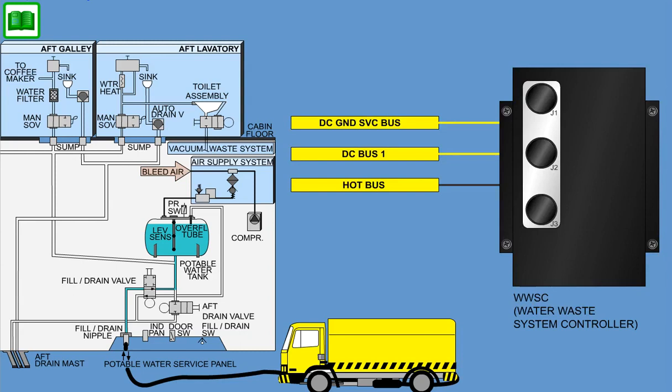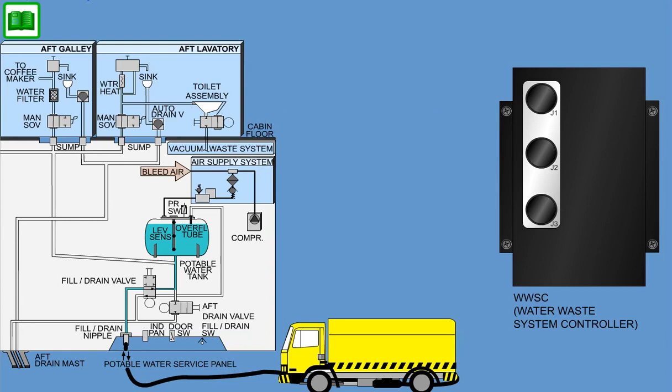If power from the normal power sources, DC ground service bus, and DC bus 1 is not available, the WWSC automatically switches to hot bus power mode to allow system filling and drainage. During servicing, a minimum of electrical power for valve and the tank level sensor operation is consumed by the WWSC.